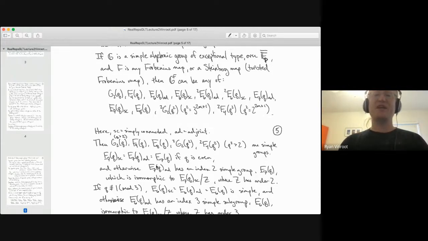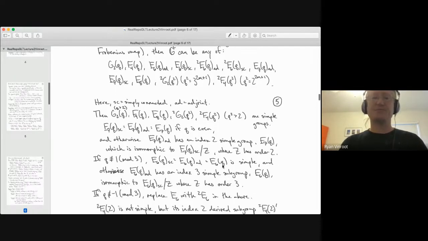You can think of these as playing the role of, say, PGL, which has the subgroup PSL, which is simple, and on the other hand, SL is a cover of PSL if you mod out by the center. So PGL and SL play the role of adjoint and simply connected in the type A case.